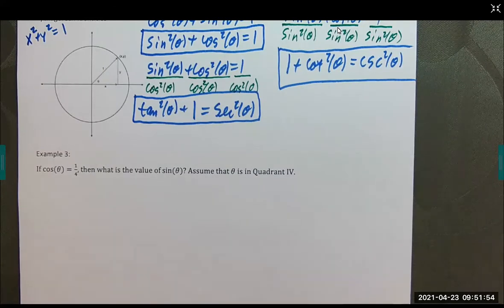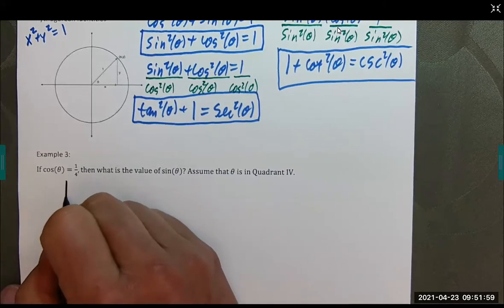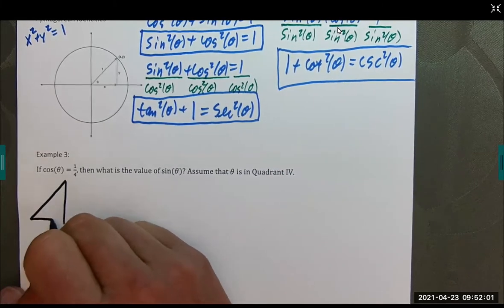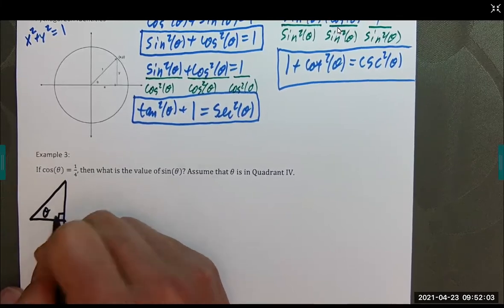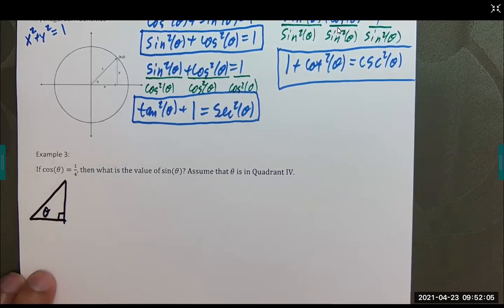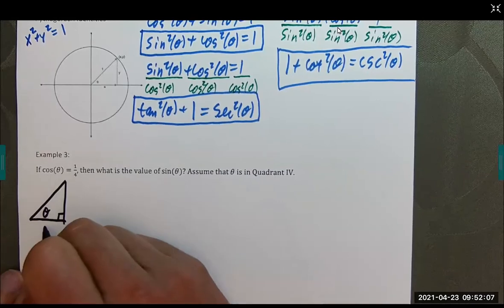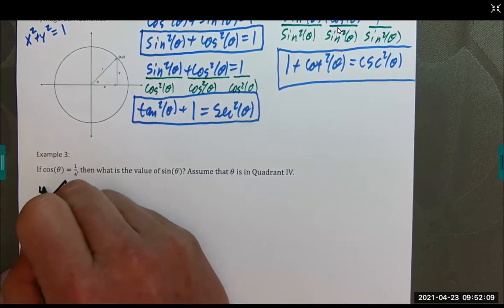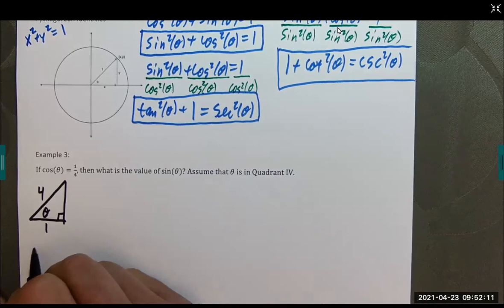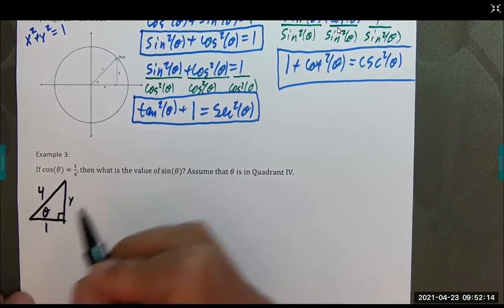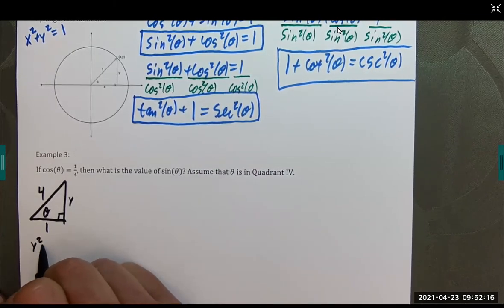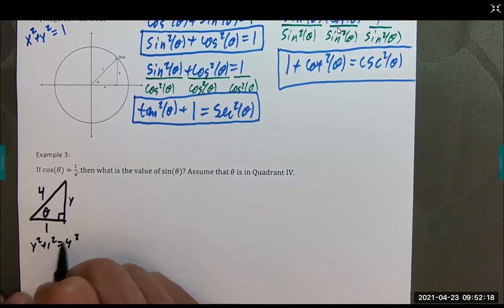All right, cosine theta is 1/4, and we're in quadrant 4. Now, cosine is positive in quadrant 4. It's the adjacent over the hypotenuse. And this, I'll call y. Y squared plus 1 squared equals 4 squared.